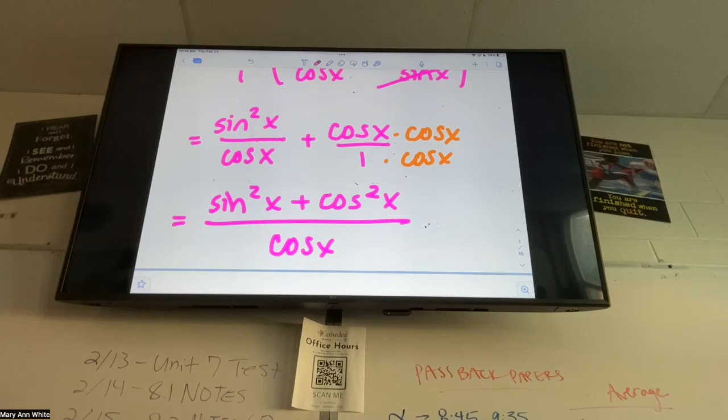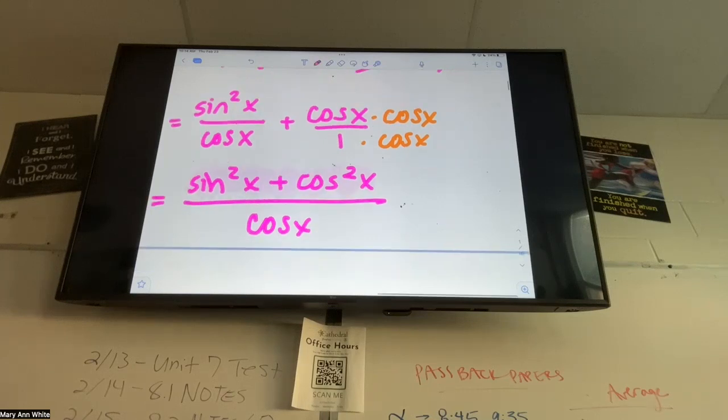Oh shoot, does this look like something on our identity sheet? What do you see, Ryan? What's just one? Sine squared. Good. Our identity sheet says sine squared plus cosine squared is just 1. So I'm going to replace the whole numerator with just 1 over cosine.